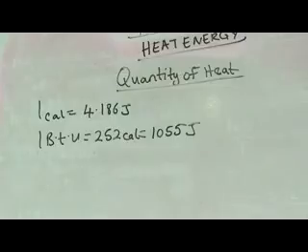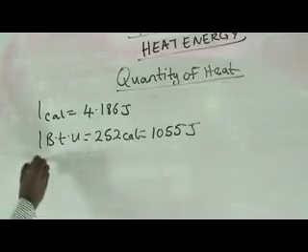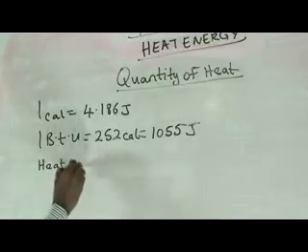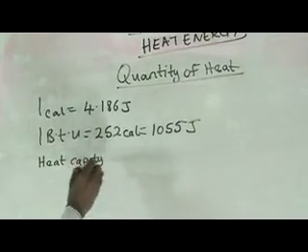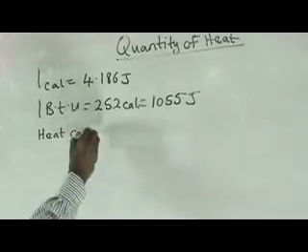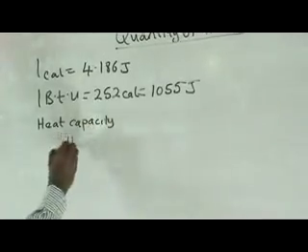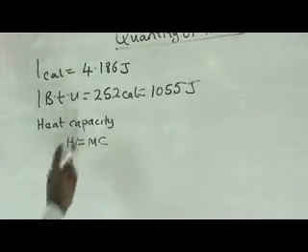So to that effect, what is heat capacity? Heat capacity of a substance is defined as the heat energy required to raise the temperature of the substance by 1 degree. So to that effect, we define heat capacity, which is already defined. We say H equals mc.